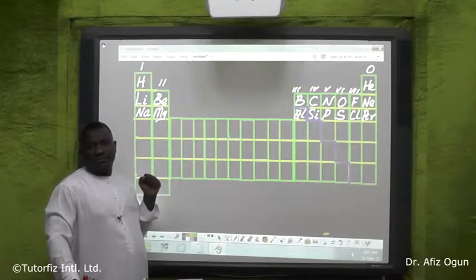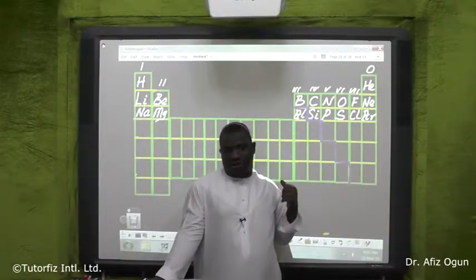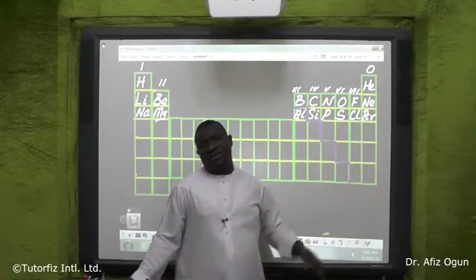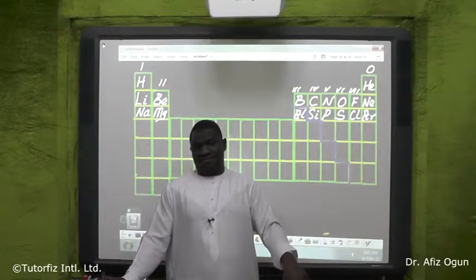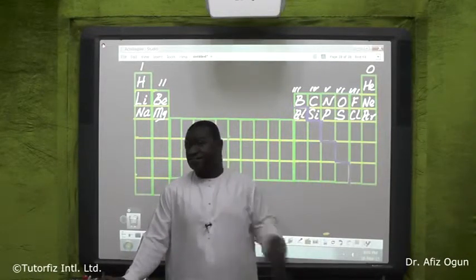And the non-metals have many electrons in their outermost shell. Take for example group 7. They have 7 electrons in their outermost shell. You do not expect them to lose 7 electrons. They just need 1.